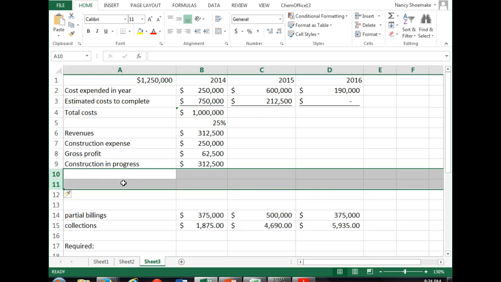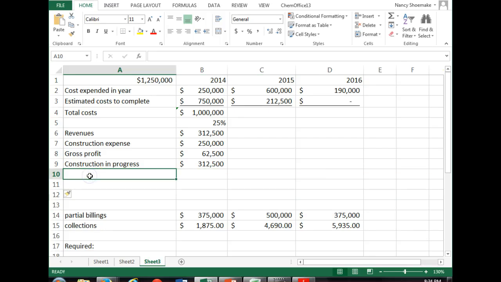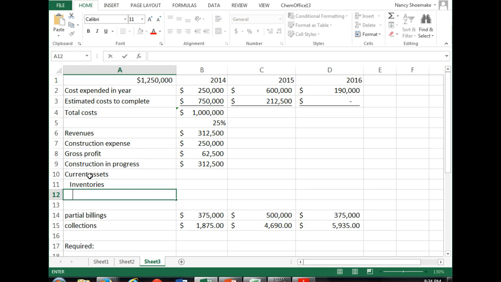So, let's look at the current assets. We've got inventories. What's going to be our construction in progress?